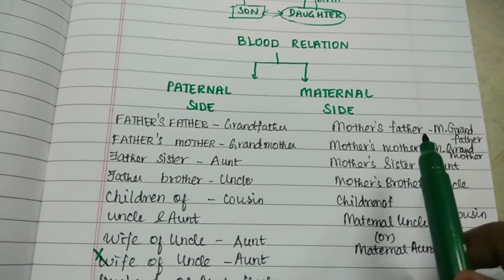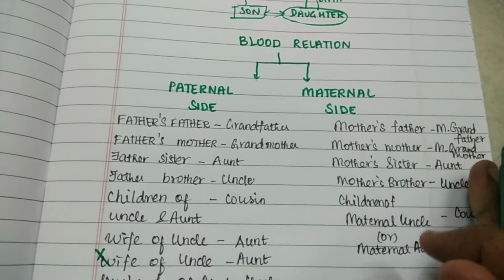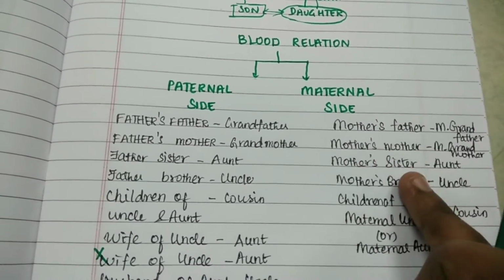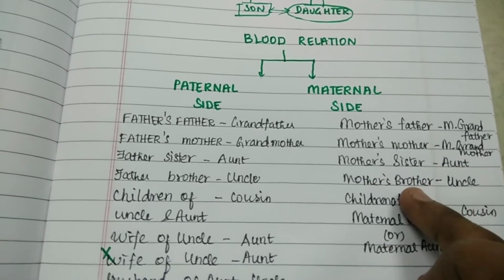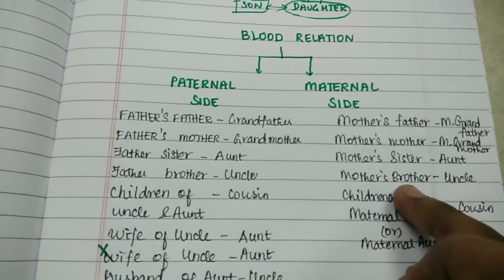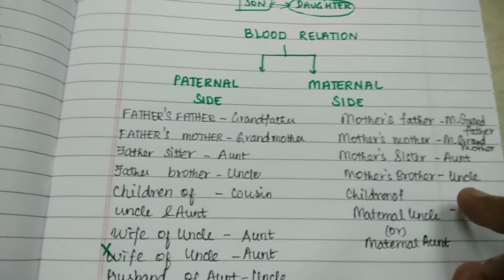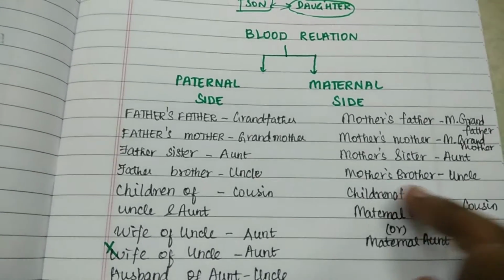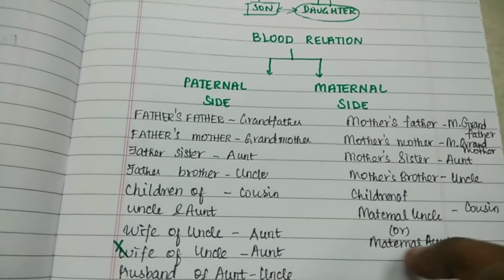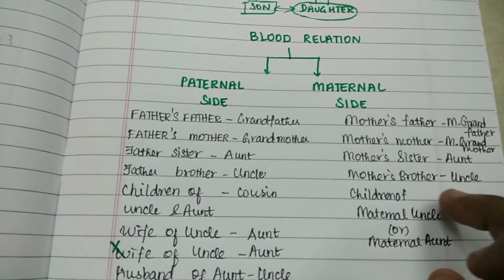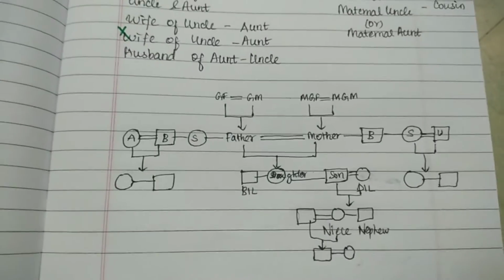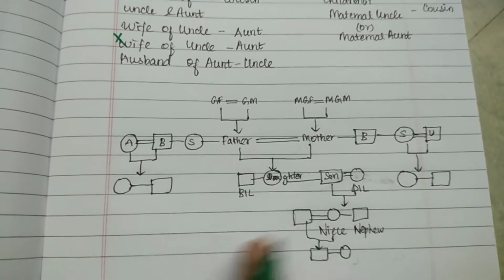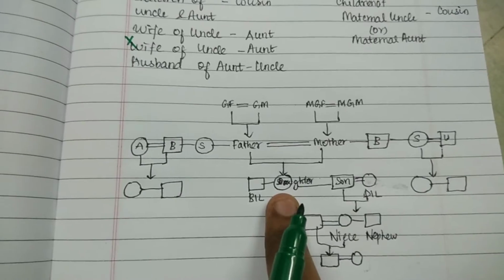That is the difference here; otherwise you have the same relationships. If your mother has a sister, you call her aunt. If your mother has a brother, you call him uncle. The children of the maternal uncle and maternal aunt, that is your mother's side uncle and aunt, you call them cousins. Here I have given a family tree so that you can easily understand.